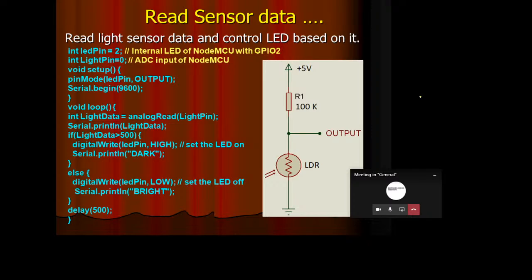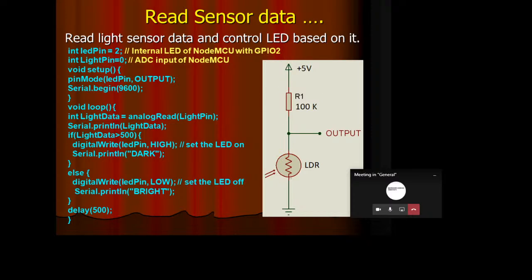If there is more light falling on the LDR, then the LDR resistance will reduce, and because of the voltage divider equation, the voltage will reduce, and because of that the ADC output will reduce, so it will be near 0. Ideally, for perfect white light you should get 0, and for perfect dark you should get 1023, but you will never get those values, because we are using some resistance R1 here.